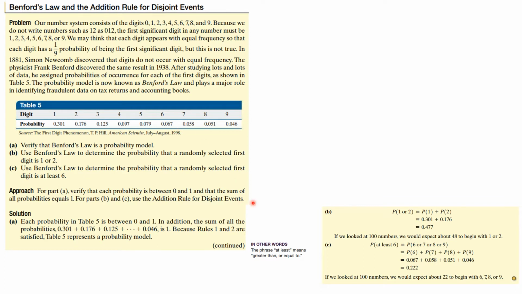So the probability of at least 6 is the probability of 6 or 7 or 8 or 9. You add them up and you get 0.222. So if we looked at 100 numbers, we would expect that around 22 would begin with 6, 7, 8, or 9.